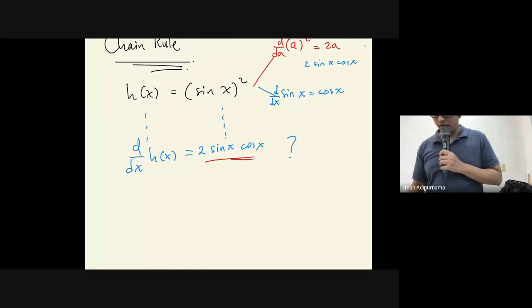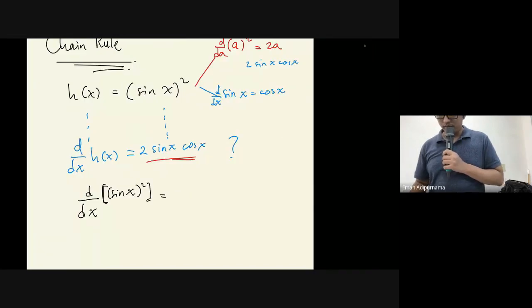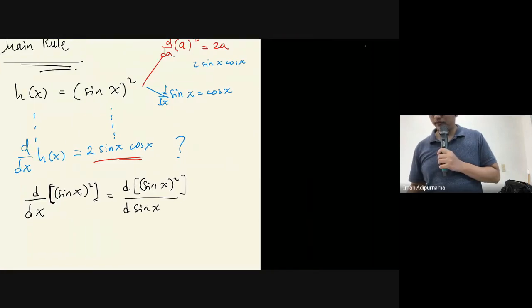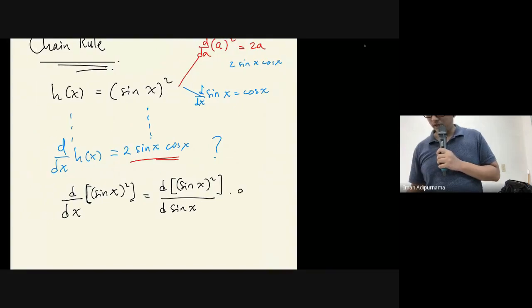So I can write this as d/dx of sine x squared equals d of sine x squared over d sine x, times d sine x over dx.